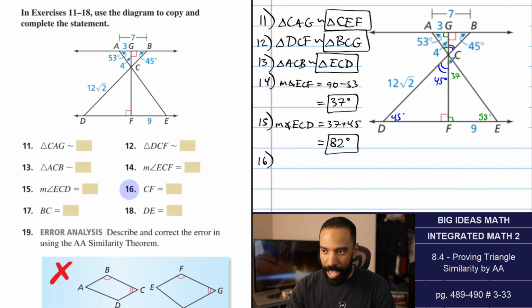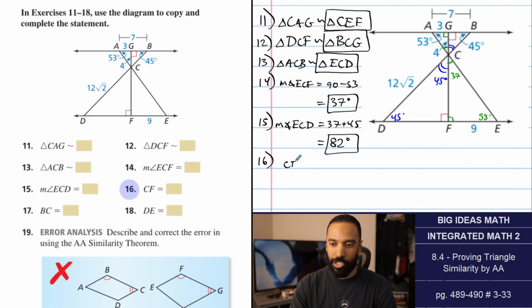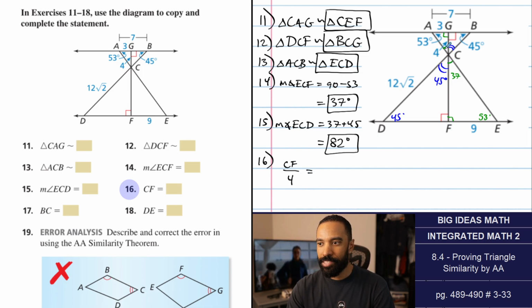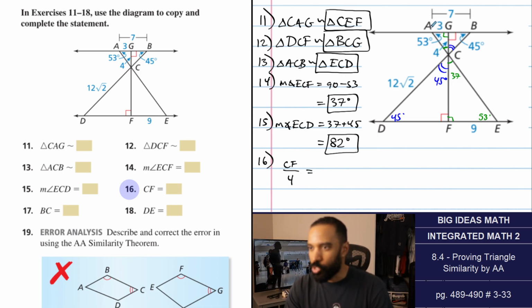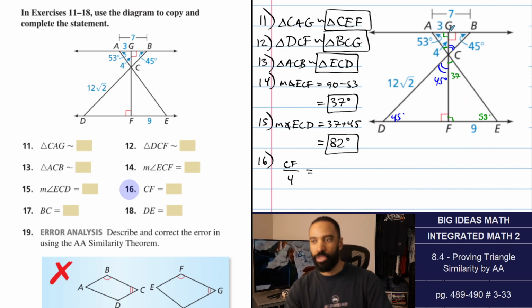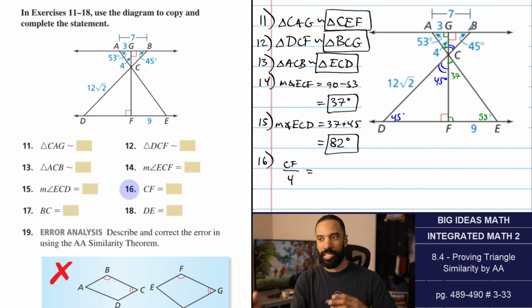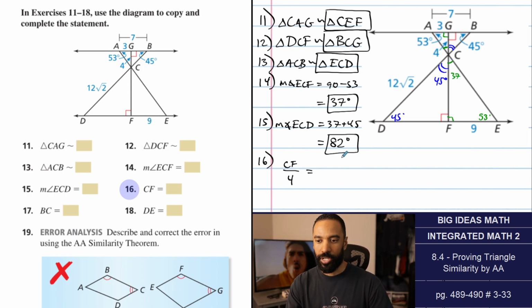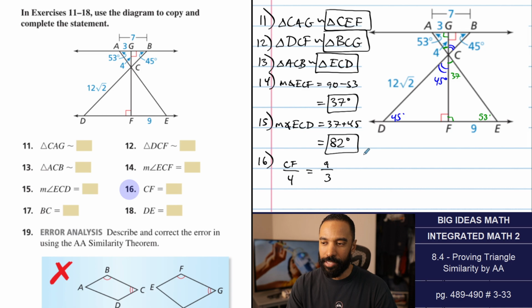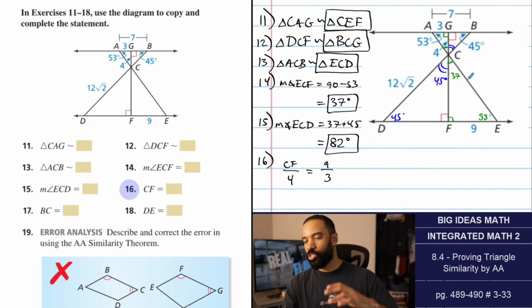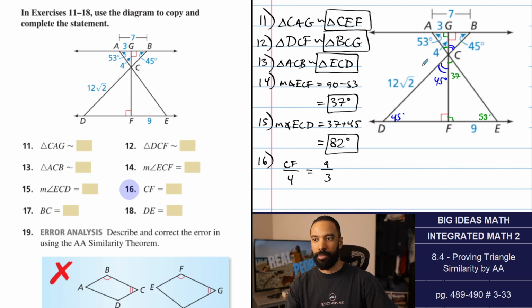So CF, this altitude, is to 4, the altitude in the smaller triangle, as 9 is to 3. And yes, this 9 corresponds with this 3 as far as these length portions go, because the two triangles are a rotation of one another when it comes to similarity.